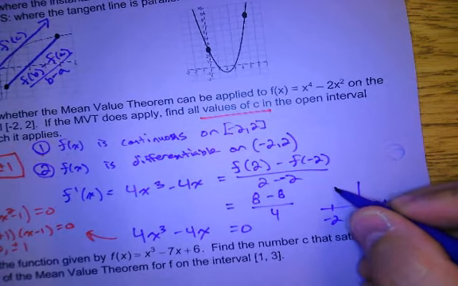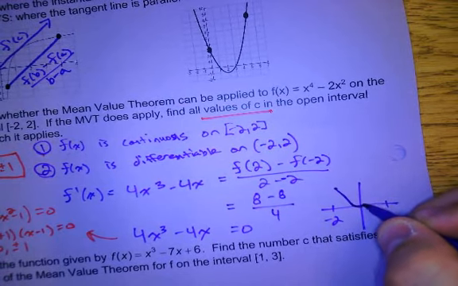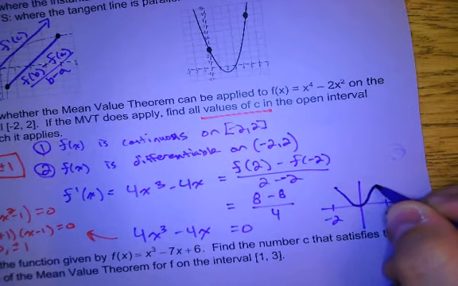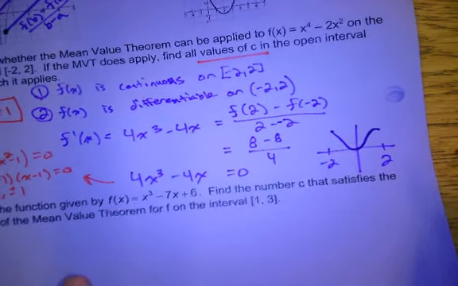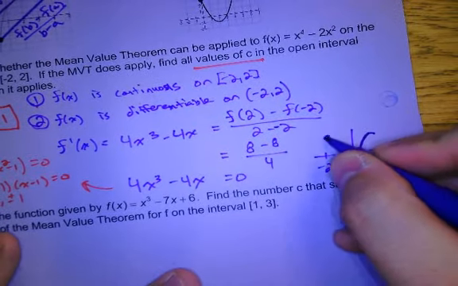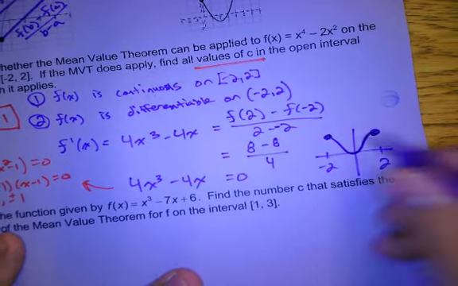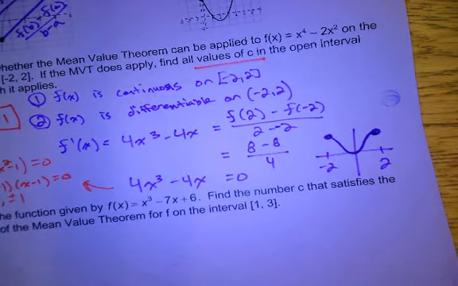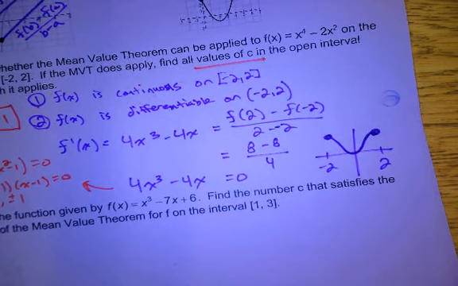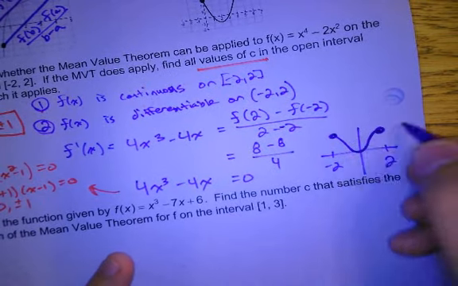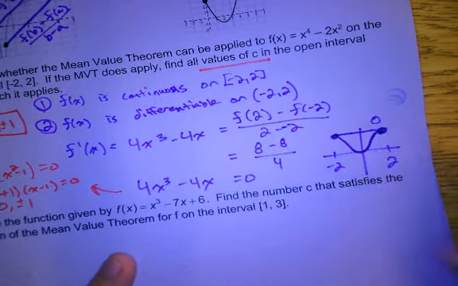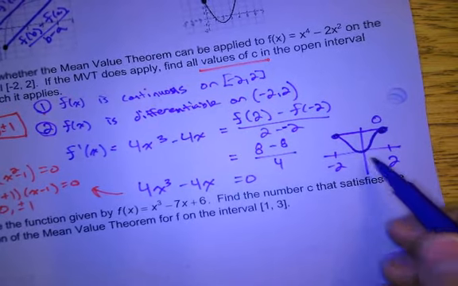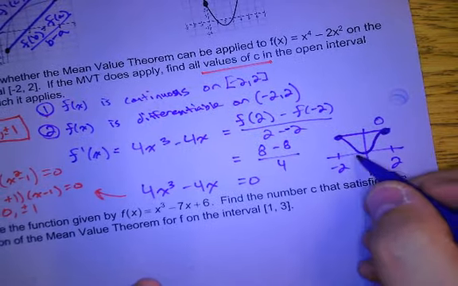So it looks like it's something like this. Essentially, from my endpoints, from here to here, we said that that slope was equal to 0. I drew this wrong, I'm just letting you know. So this tangent line is equal to 0. So it's going to also equal 0 at different points.